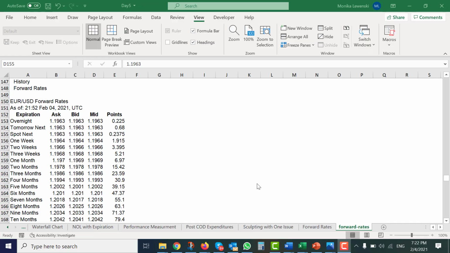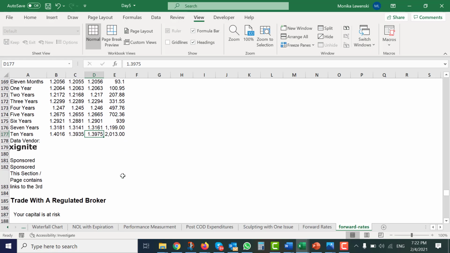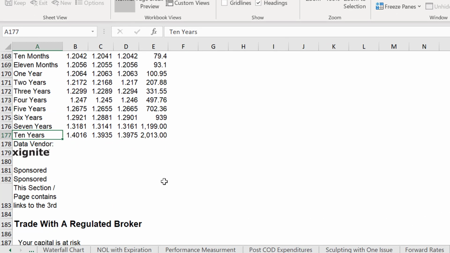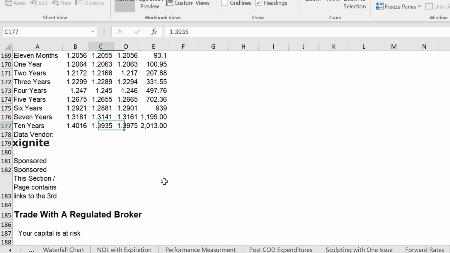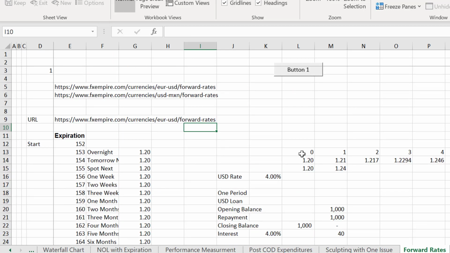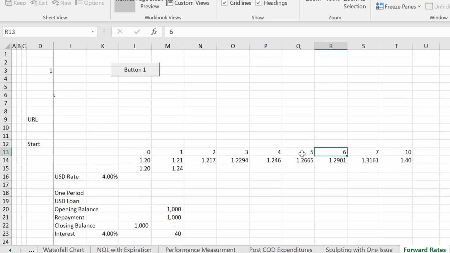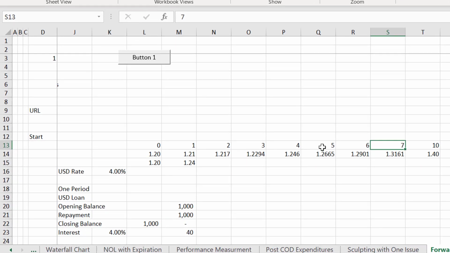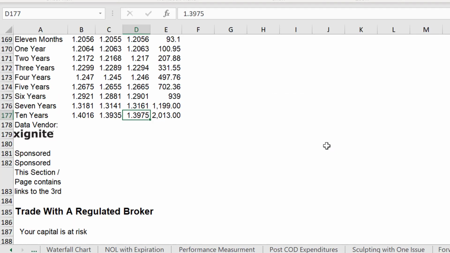Now, once you have the rates for the 10 years, I guess there's a little bit of a wide variation in this one. Then you can put in the forward rates, and I put the rate for today, and then it goes year by year, and it jumps till year 7. Okay, and now I'm going to explain how to sculpt.